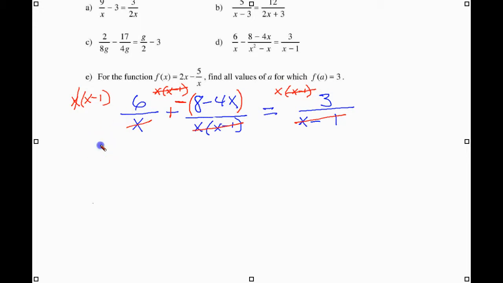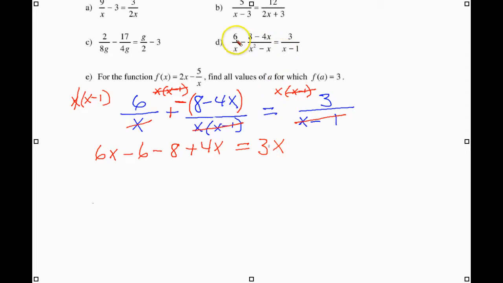So now we get 6x minus 6. And here, because of our negative, and we put that in a parenthesis, this becomes a negative 8 plus 4x. We just change both of these signs, and this becomes 3x.